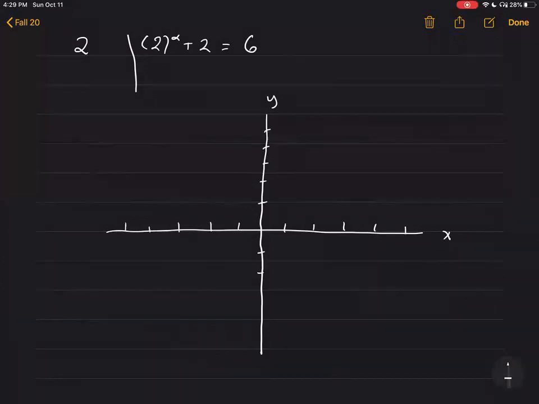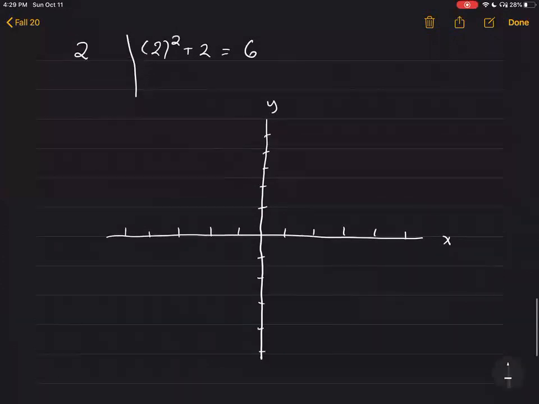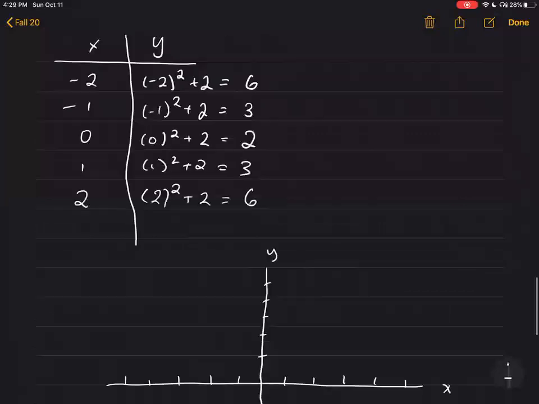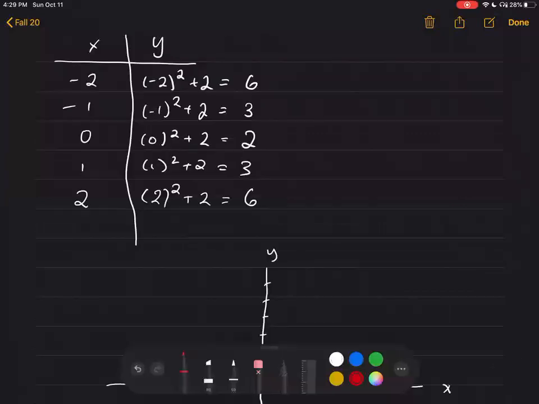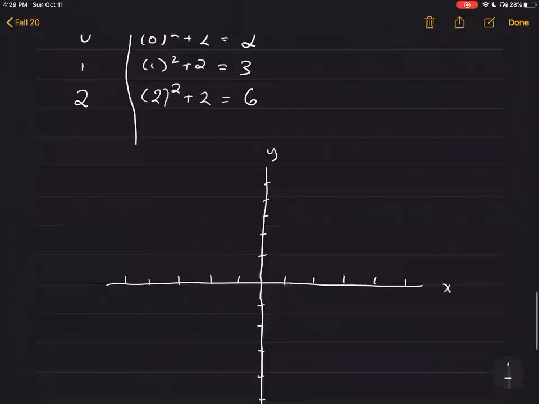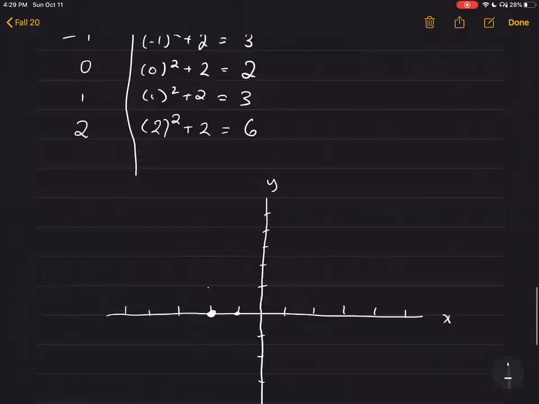And so our first point is (-2, 6). So we want to go back 2 on the x-axis and then 6 up. So 1, 2, 3, 4, 5, and then 6 would be up here. So that's our first point, (-2, 6).